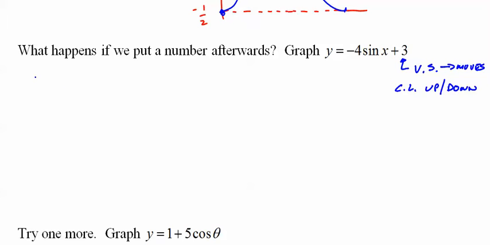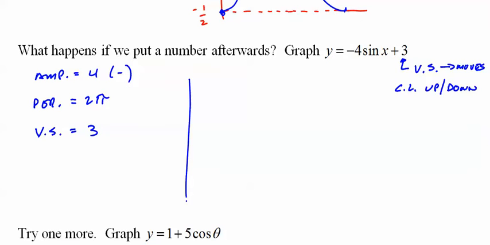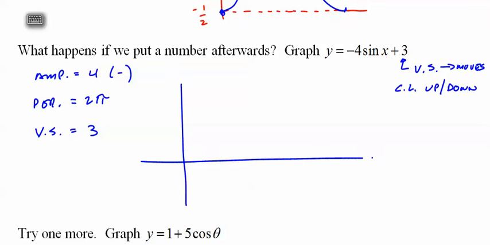So, amplitude, 4. Some people like to put a negative there. I'm cool with that. Period, 2 pi. Haven't changed period yet. We will. Vertical shift, 3. So vertical shift, 1, 2, 3.